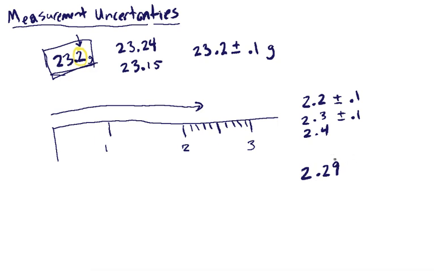But again, you go with 1/10 of your smallest measurement. Your smallest measurement is the tenth of a centimeter, so you go with a tenth of that, which is a 100th of a centimeter. So this would be plus or minus 0.01. And so for this kind, a tenth of your smallest measurement is where you're going to be. And for the digital kind, you basically just go up or down one of your smallest measurements. Okay, that's all.